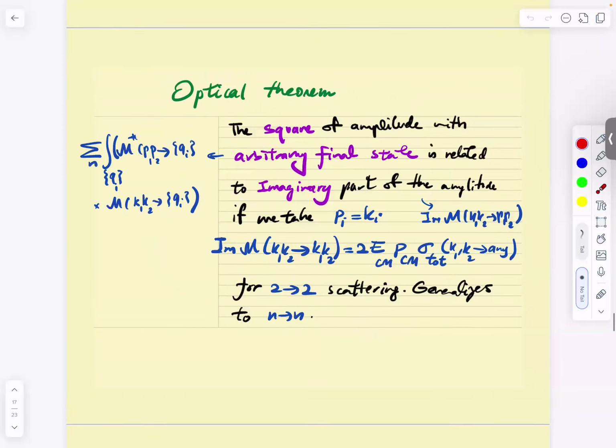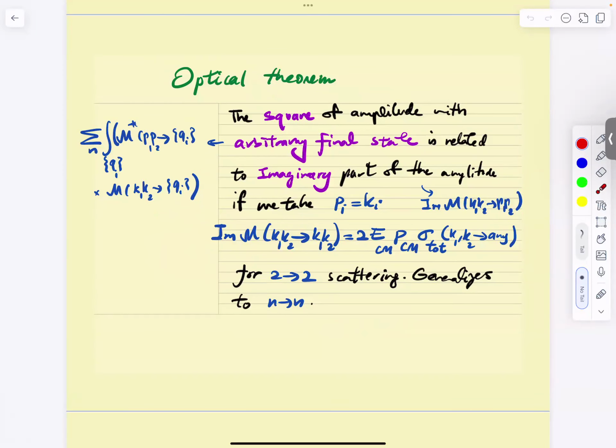Okay. So here's what I was trying to say in words. This is the optical theorem. It says the square of the amplitude with arbitrary final state is related to the imaginary part of the amplitude if we take Pi equal to Qi. Why do I have to take Pi equal to Qi?